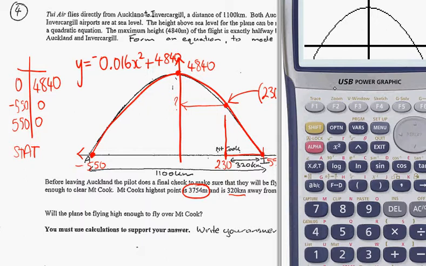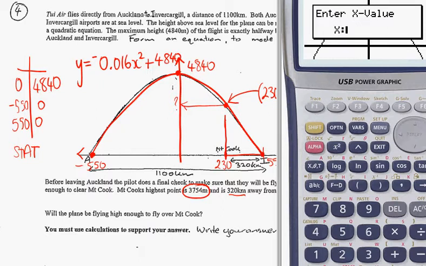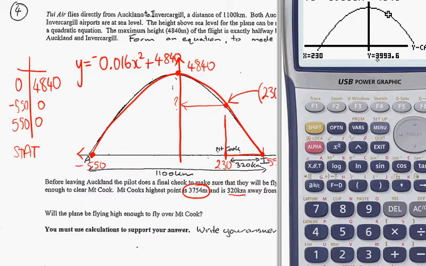We want to calculate a y value, so the answers to everything are under GSolve. We need more options, and now we can calculate a y value when x is 230. I can clearly see that the height of the plane at that point would be 3993.6 metres.